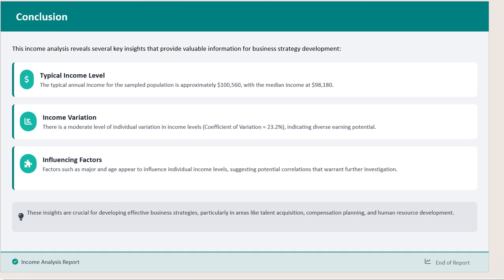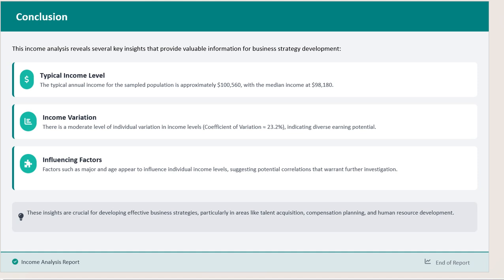The next thing is probably the most important when we are drawing the conclusion from a data set, which is the influencing factors. In this data set, for example, major and age appear to be more influential than, say, gender or the school that they graduated from.